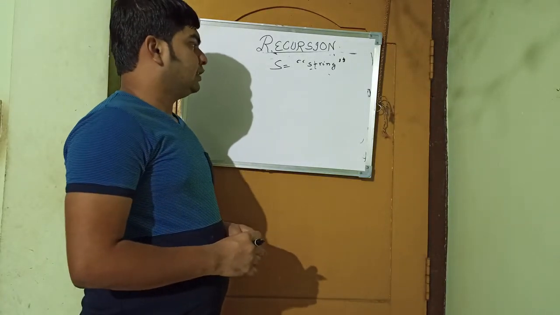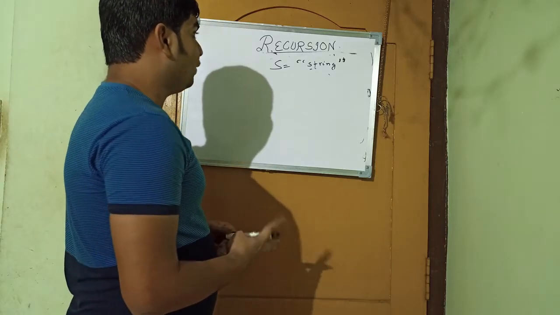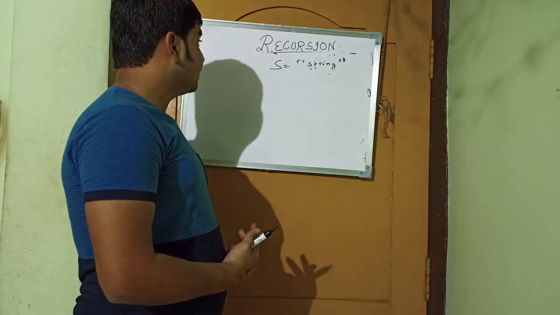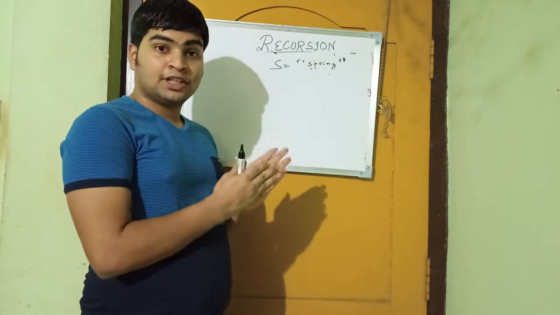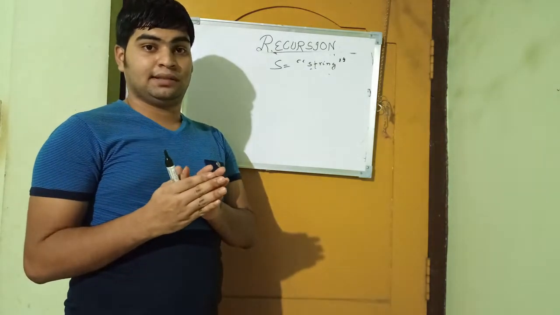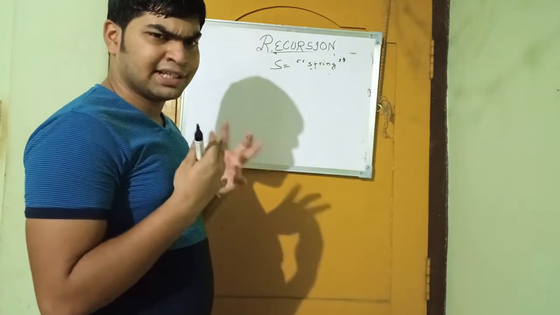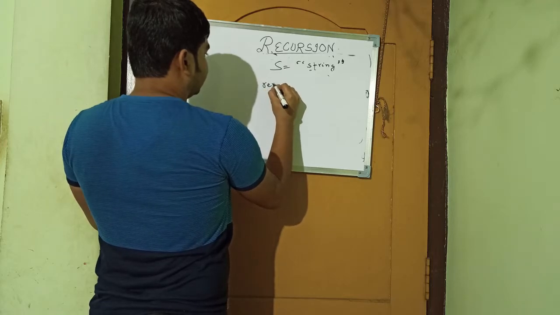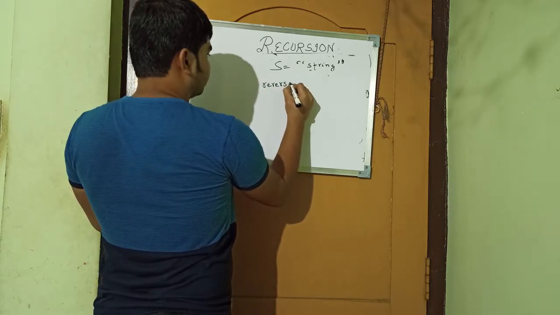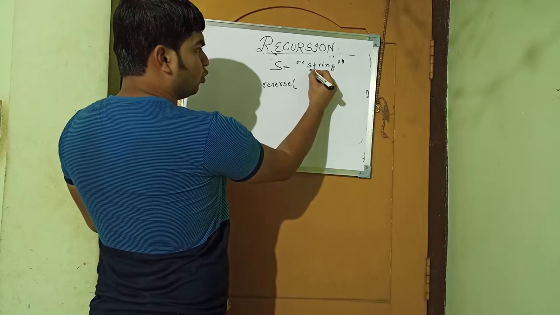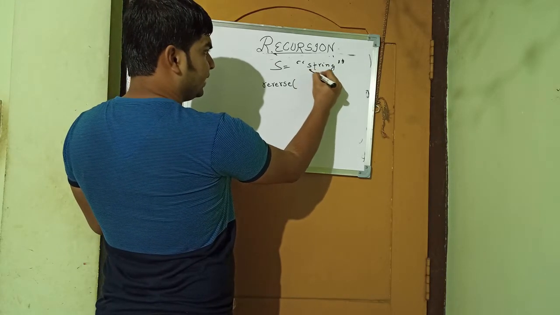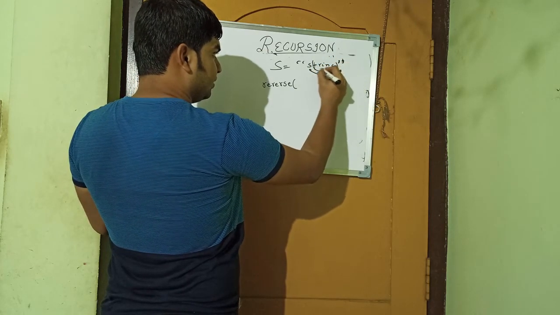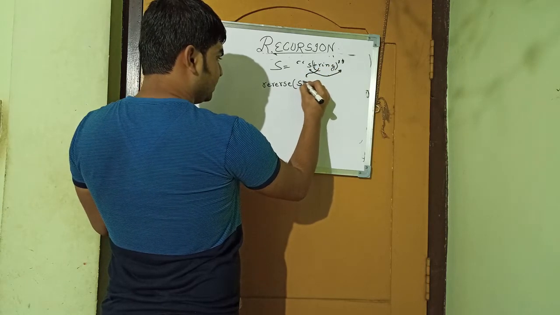So what is our larger problem? The larger problem is that we are given a full length string and we have to reverse it. The first part is to place the first letter at the last position. This is our simpler recurrence. First we are placing this in our last position, then we are reversing this part again.